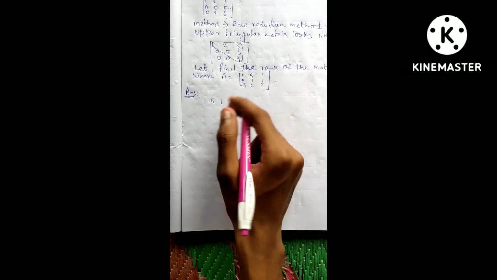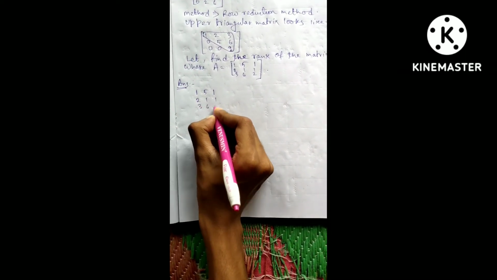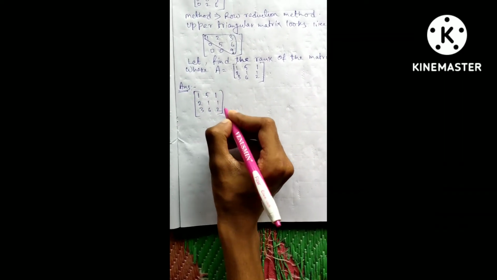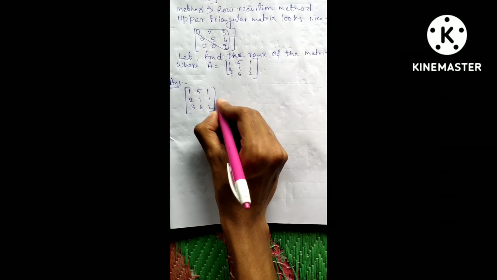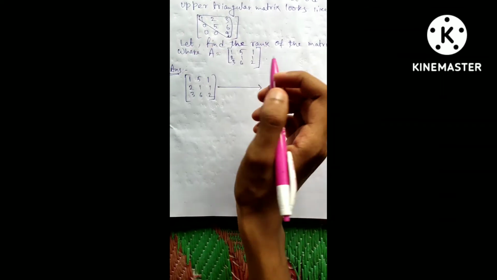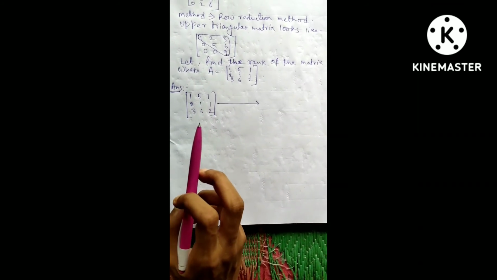I write the matrix again. Row operation means these elements are made 0.